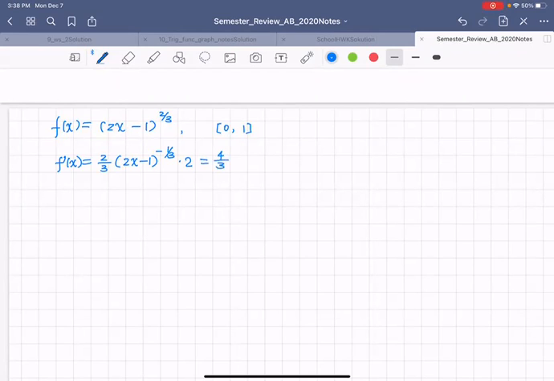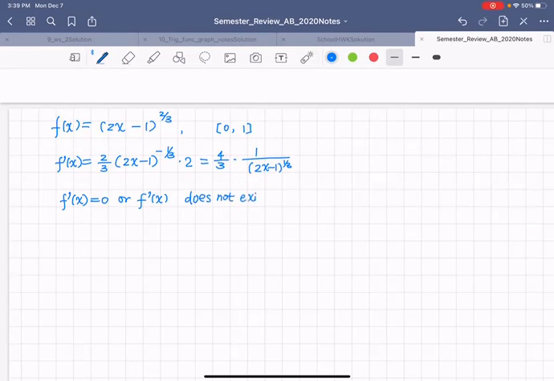Either make this equal to 0 or this guy doesn't exist, okay? So there's no value to make this guy equal 0, but there is a value to make this guy not exist, okay? The critical points include the position where this guy equals 0 or this guy does not exist.